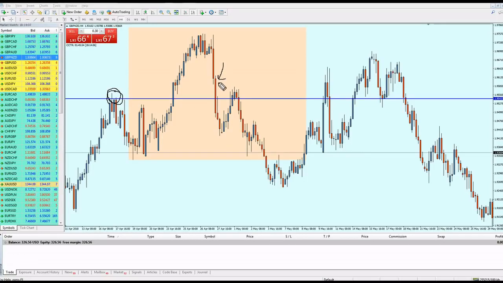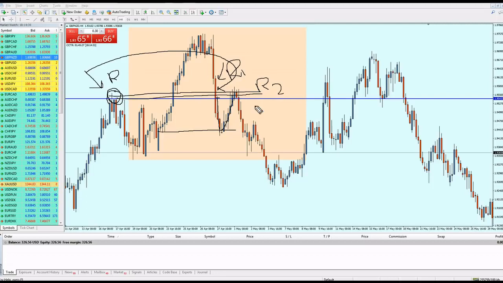A bearish breakout candle appeared here, went all the way down, then reversed, went up, hitting the very same resistance which was here, and this resistance kept the position and created resistance number 1. Then the market went down again, bouncing on this support and going all the way up to create attempt number 2 of this resistance level, and then the market went down again, and so on.